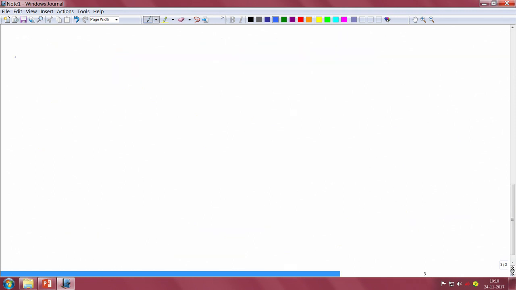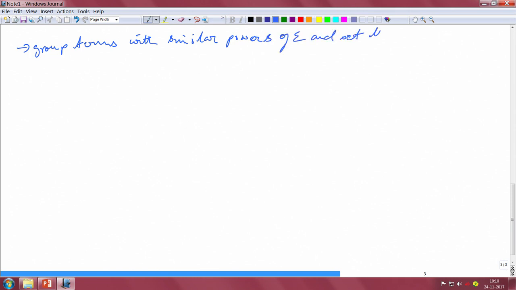So, basically we group terms with similar powers of epsilon and set them equal to 0.